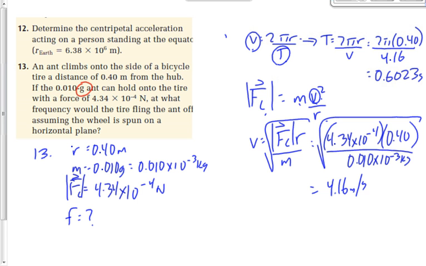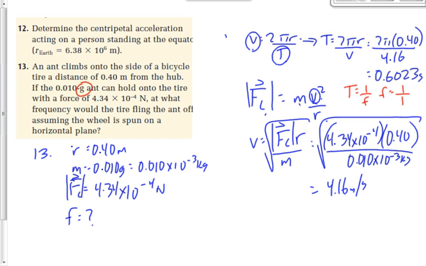Colleen, what do you want to do now that we have the period and we want to find the frequency? T is equal to 1 over F. Good. We're going to rearrange that to solve for frequency.